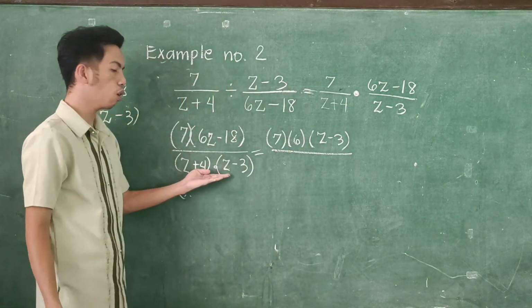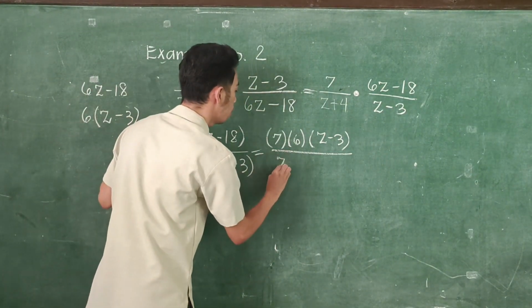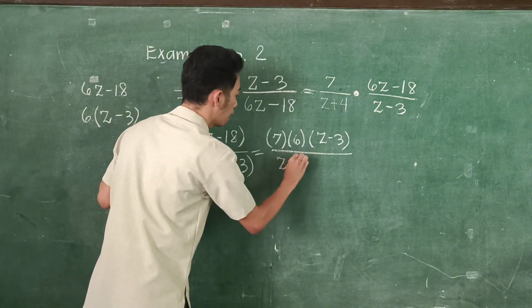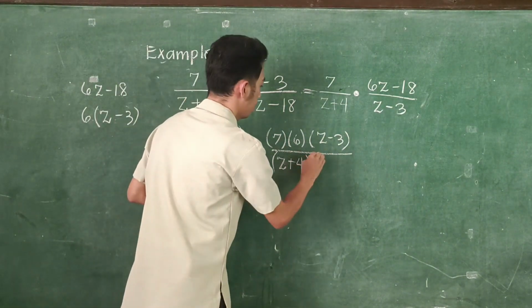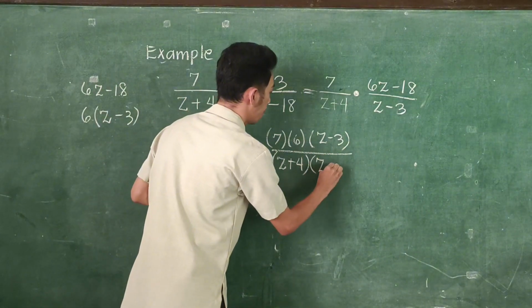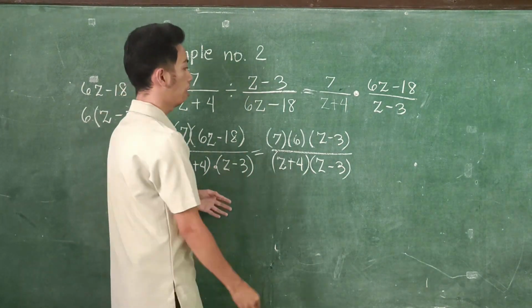So sa denominator, wala na tayong pwedeng i-factor, so ikakopy lang natin siya. So z plus 4, and then multiplied by z minus 3. Then cancel the common factor.